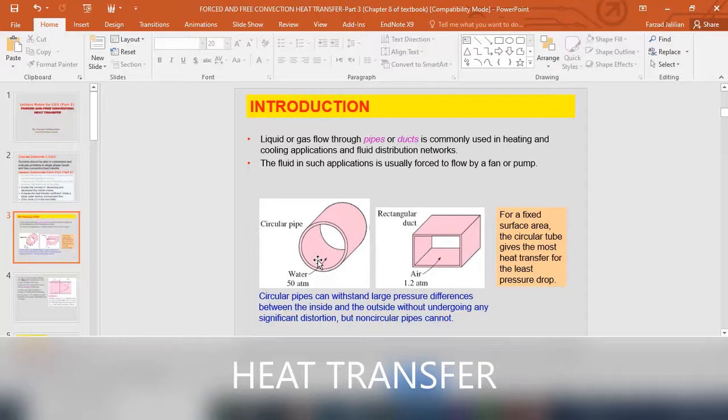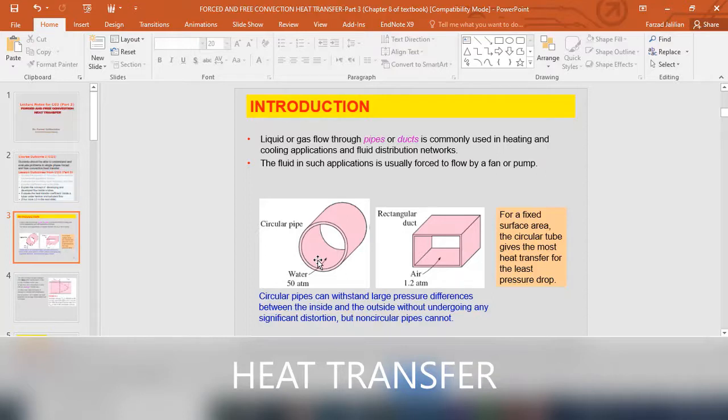So we should use a pump to continue the flow inside the pipe. We will also calculate the energy required, or the pump size, for example, to pump the fluid into the pipe or duct to have a desired flow in the pipe or duct.